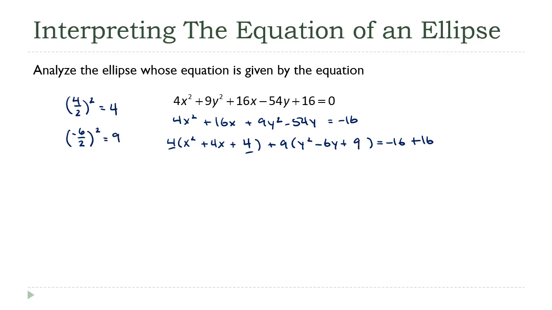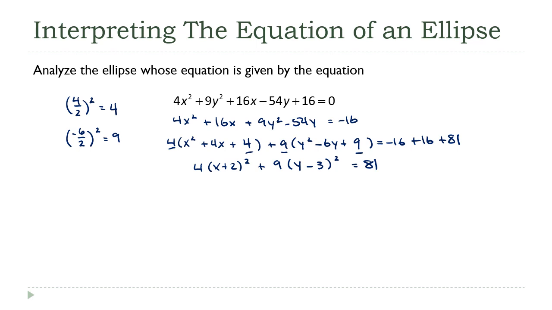Now for the other part, I'm going to add -6 divided by 2 squared, which is 9. So again, I didn't add 9 there. I added 9 times 9, so I'll add 81 over here. And now I can factor this. This is 4 times x plus 2 squared plus 9 times y minus 3 squared equals 81. And then divide by 81, because remember in that equation we derived, there was a 1 on the right-hand side, and that's important.